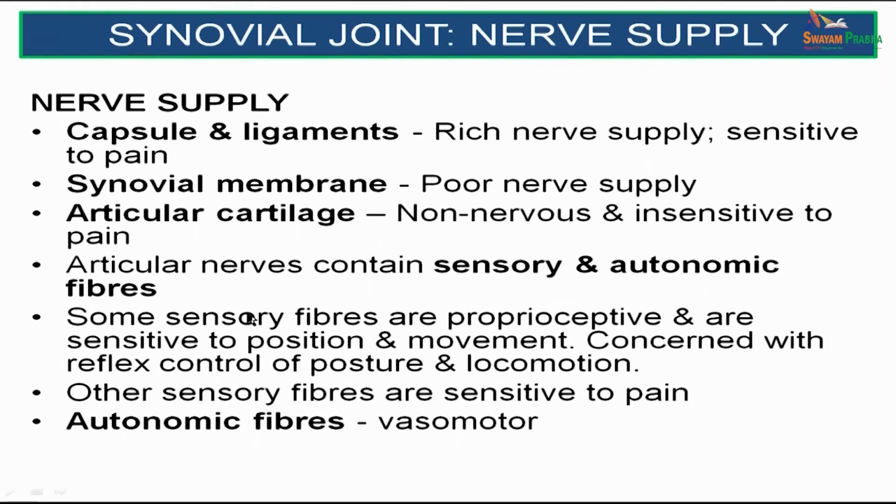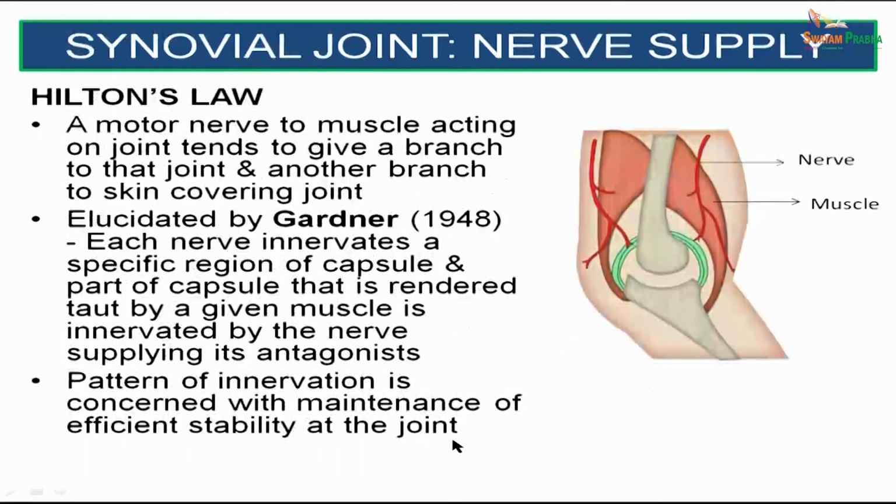The sensory fibers are proprioceptive, that means they are sensitive to the position and the movement of the joints. They are concerned with the reflex control of posture and locomotion. Some sensory fibers are those which are related to pain. The autonomic fibers are vasomotor in nature.